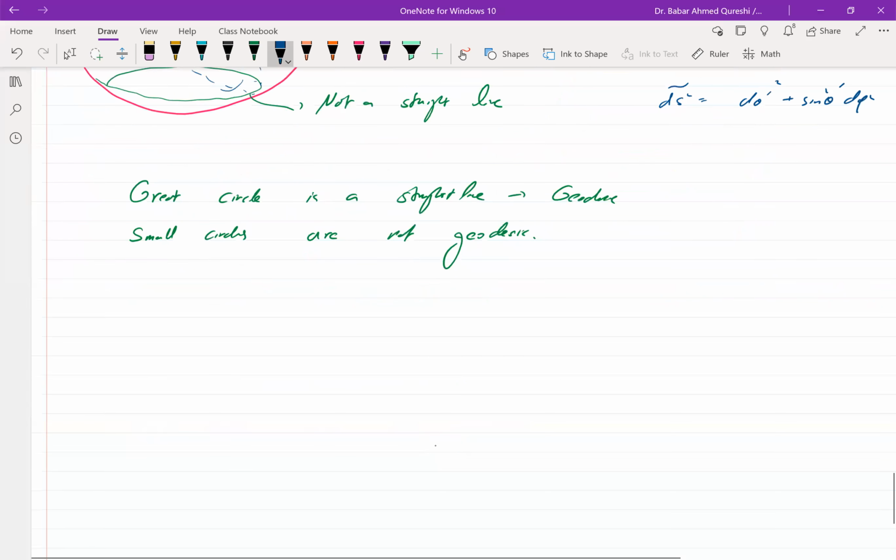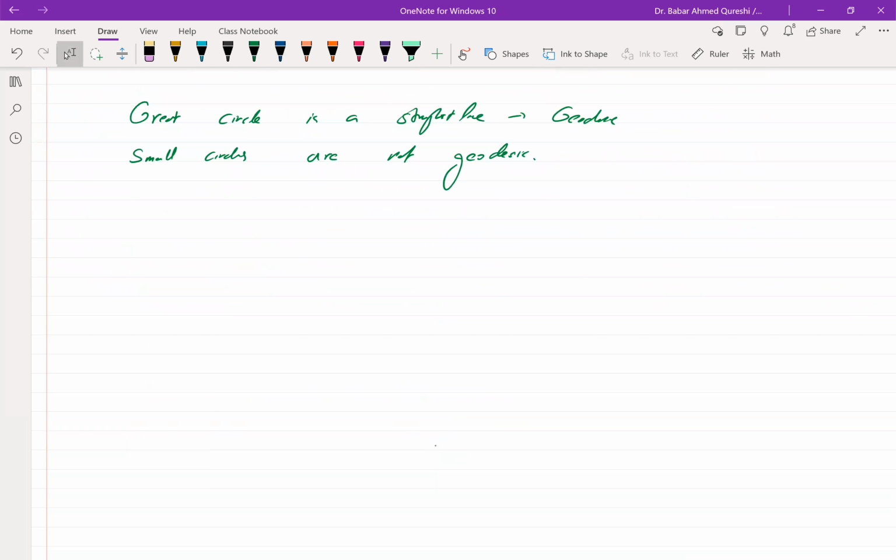We can see it with another example. Well, first of all, why is my drawing so bad? If I consider this sphere, let's say I start from here. I give a direction that I'm moving in this direction.